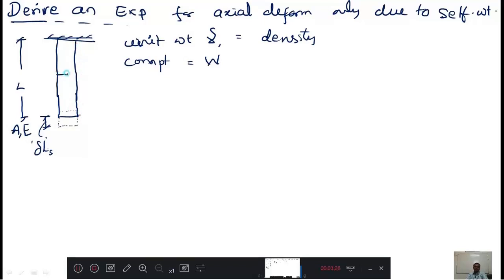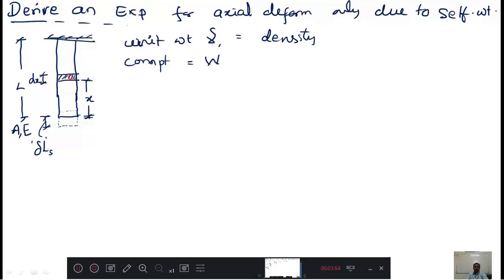Therefore I will consider a small strip in between. This is a very small strip, and its thickness I will call dx. This small strip is situated at a distance x from the bottom.